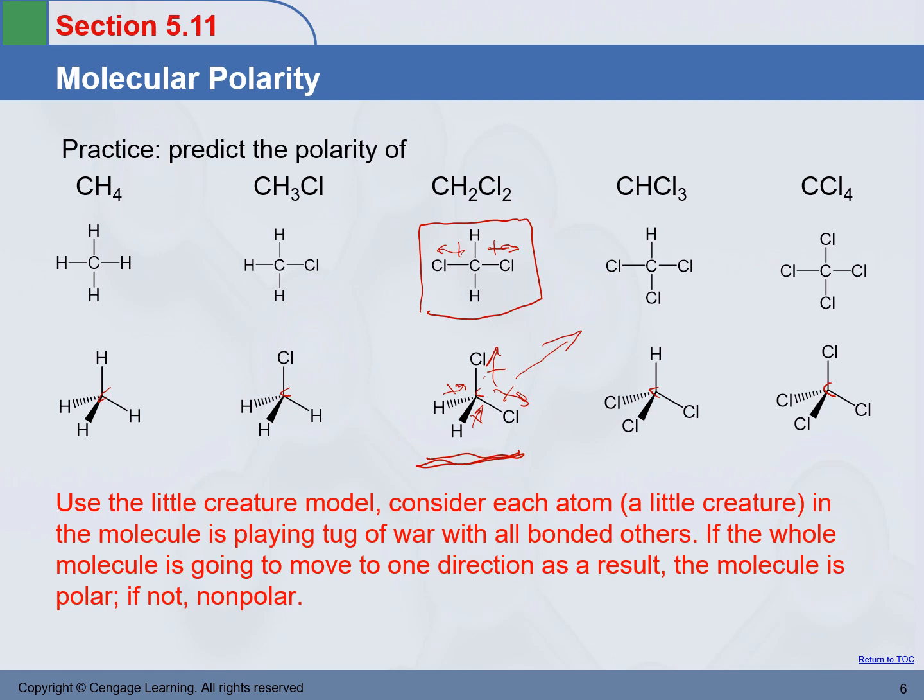They are angled. They are not opposite to each other. So you must use the molecular geometry before you consider bond polarity. You can go through this by yourself with the molecular geometry here. You can pause the video, try to predict that, and you move on. I will give you the answer.